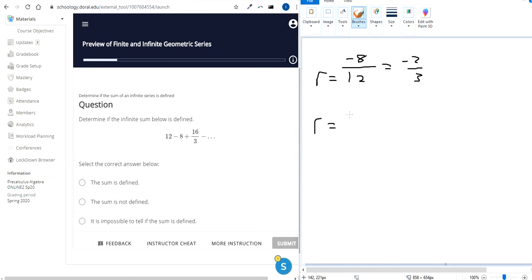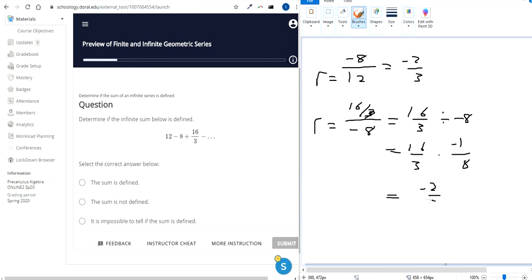And if it does have a common ratio, you should be able to take the third term, 16 over 3, and divide it by the second term. If you do that, you get 16 over 3 divided by negative 8, which is 16 over 3 times negative 1 over 8, which gives us negative 2/3. So yes, we do have a common ratio. This sequence, a sub n, is the first term, 12 times negative 2/3 to the n minus 1 power.